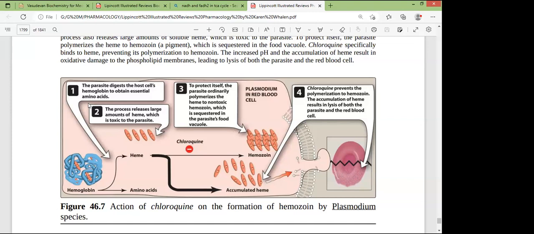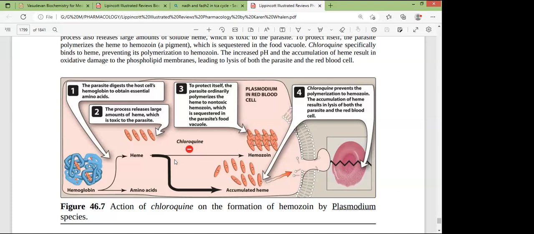Just like the way we break down hemoglobin, we make heme and globin. Now this globin has been digested by the parasite, right? So in this case, we just have heme. But heme has a high oxidative potential, right?